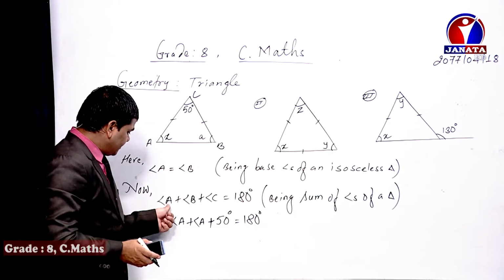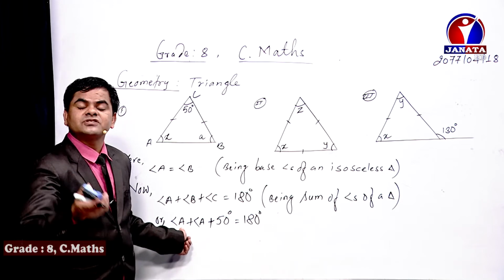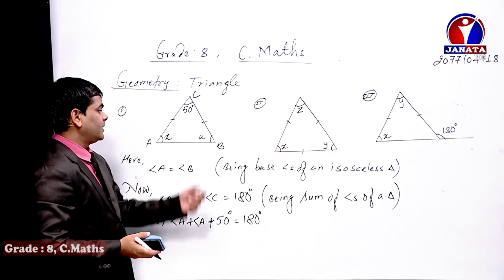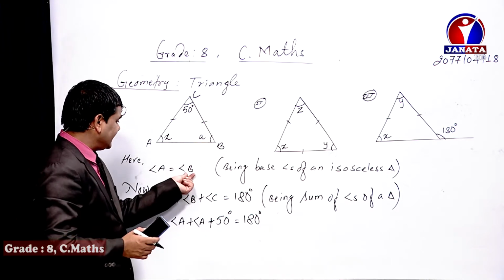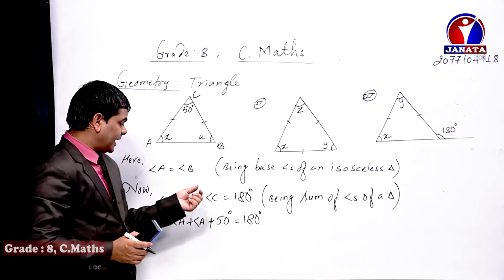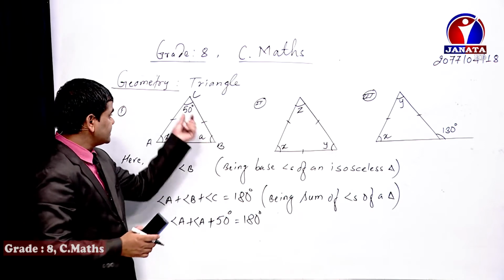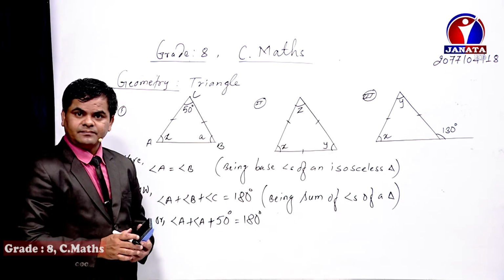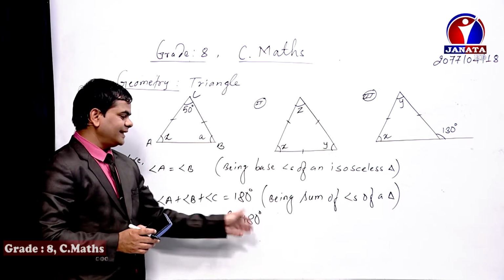I am going to find angle A first, and then whatever the value of angle A, it will be exactly equal to angle B. In place of C I have kept 50 degrees because it is given in the question, and this equals 180 degrees.